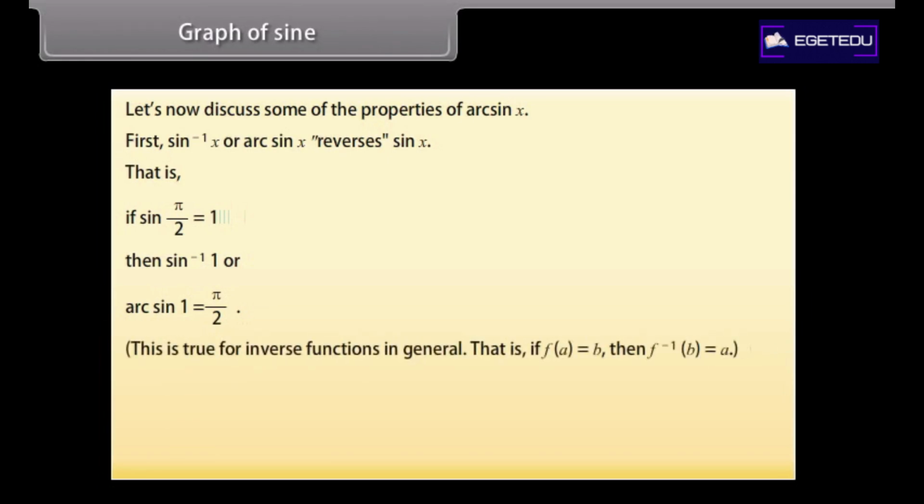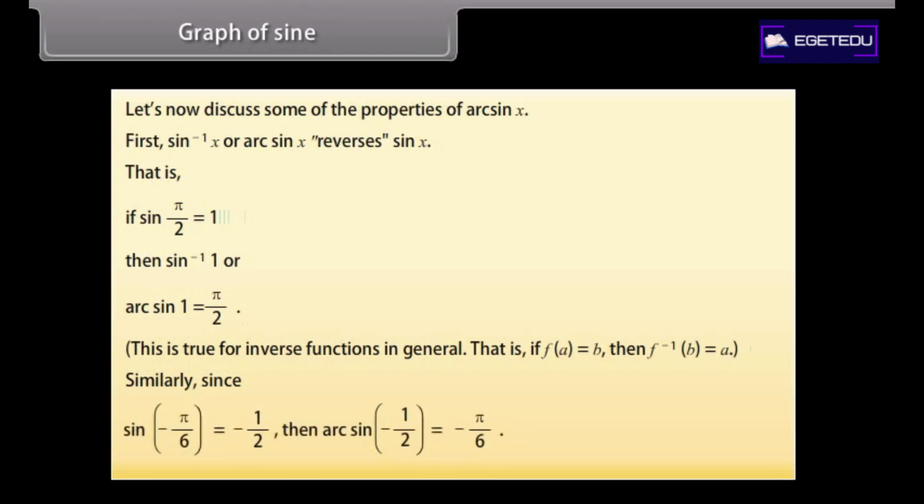This is true for inverse functions in general. That is, if f of a is equal to b, then f inverse of b is equal to a. Similarly, since sine of minus pi by 6 is equal to -1 by 2, then arc sine of -1 by 2 is equal to minus pi by 6.